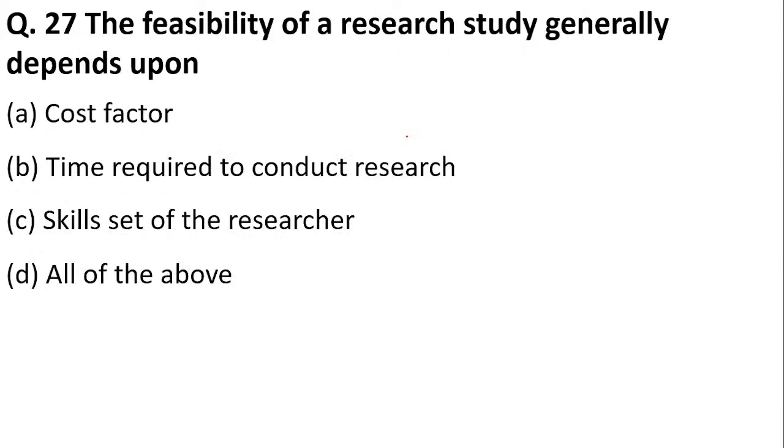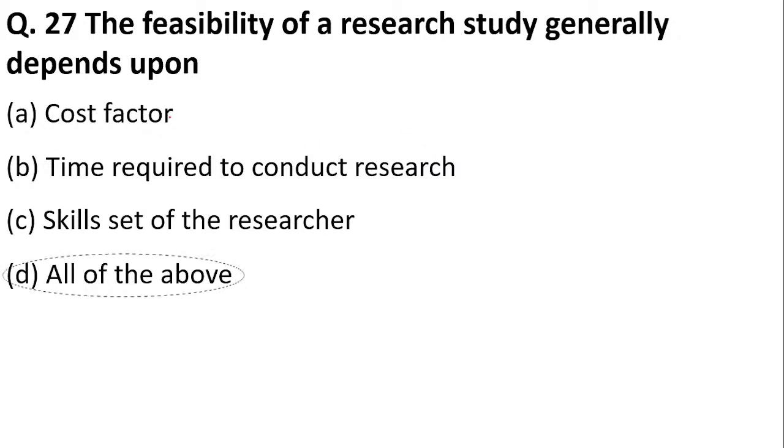Question number 26. The feasibility of a research study generally depends upon cost factor, time required to conduct research, skill set of the researcher, or all of the above. So, the feasibility of a research study generally depends on all of the above.